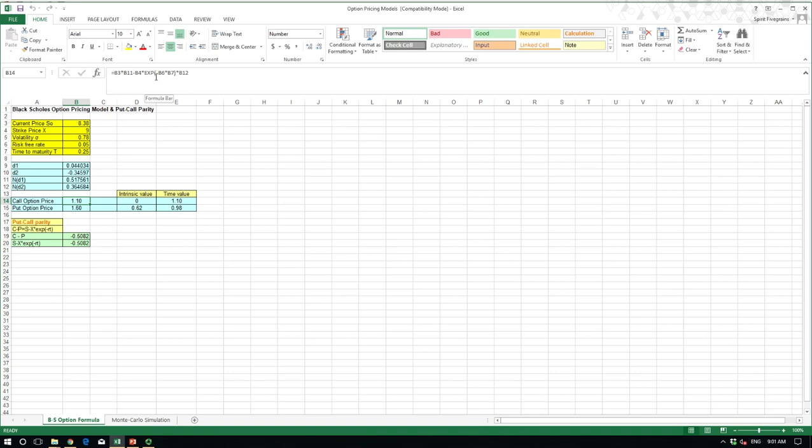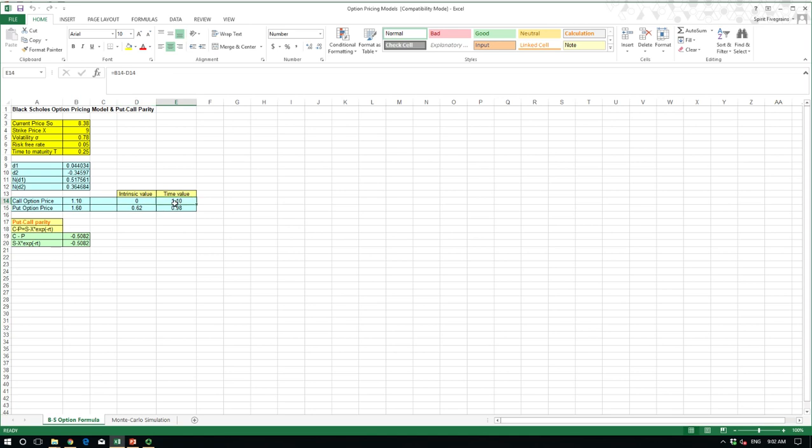EXP is the exponential function for that continuous discounting. And here we can get a call option price. I also have a small attached table showing you the intrinsic value versus time value. In this case, the option is out of the money, the intrinsic value is 0, so the time value equals the call option price.